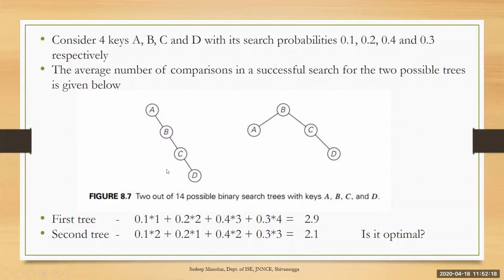So for the first binary search tree, it requires an average of 2.9 comparisons.